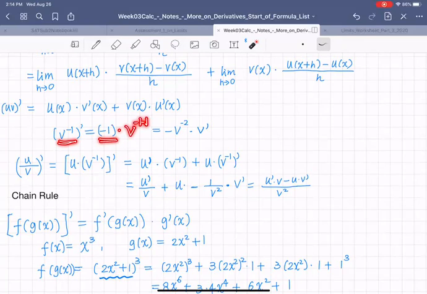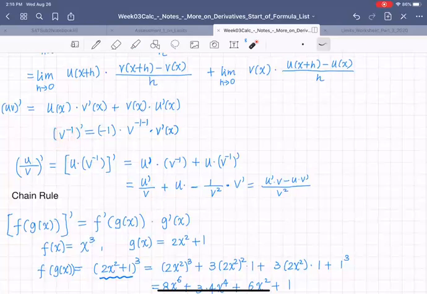But we have to be careful. The v itself is also a function, right? So we have to times v prime x. This is based on the chain rule. Does this make sense? Your outer layer is this power function. Your inner layer is a v, which is a function of x.